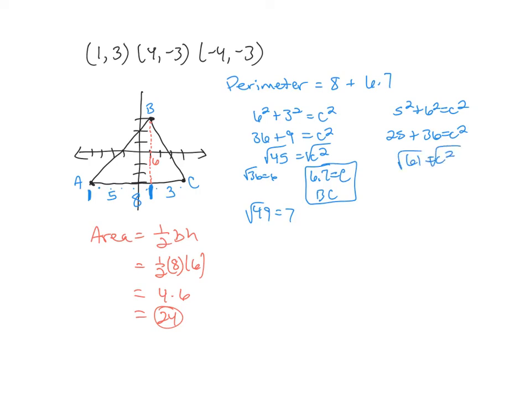Square root, we just did that on the first example. So 7.8. This is the AB. And then add those up.